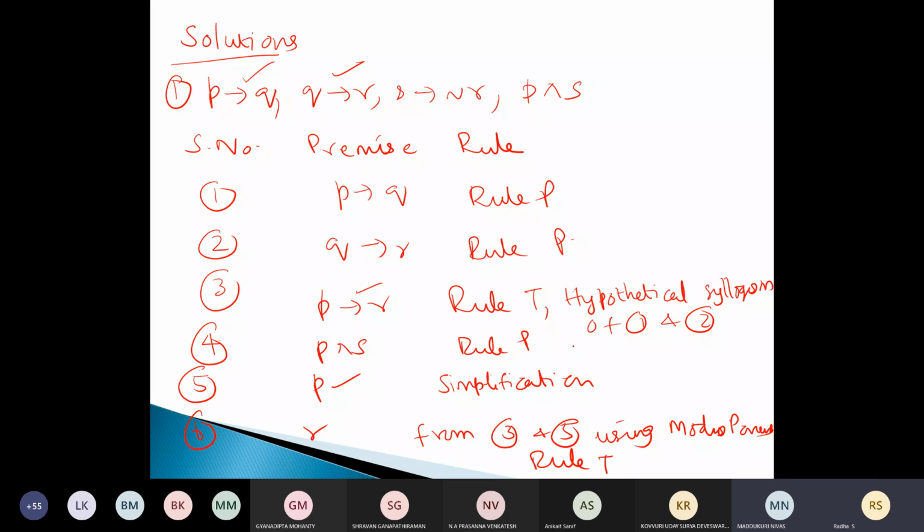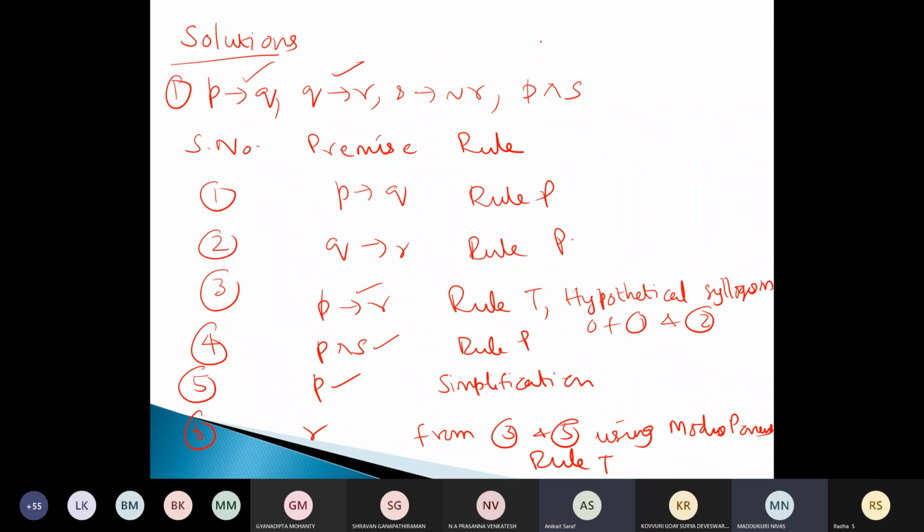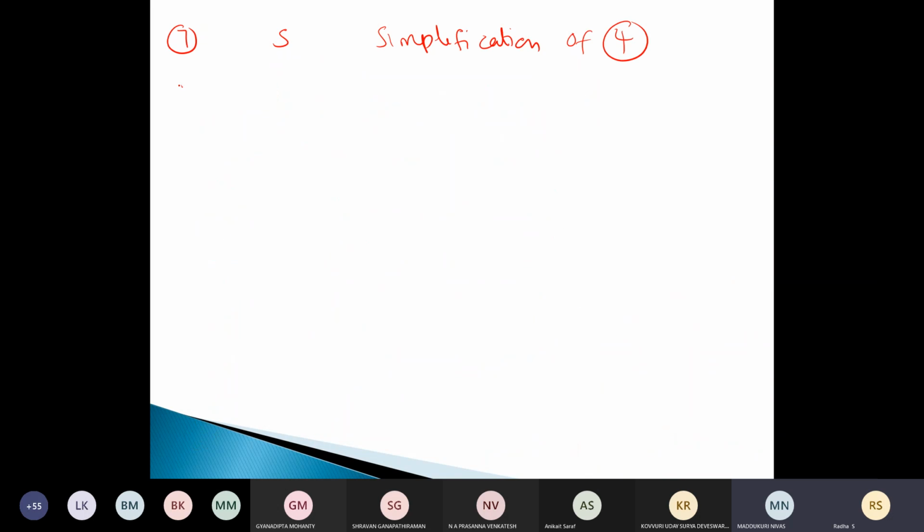Then again from this you can derive 7, simplification of 4. We used all the 3. So S tends to not R, we have to introduce. S tends to not R, rule P.